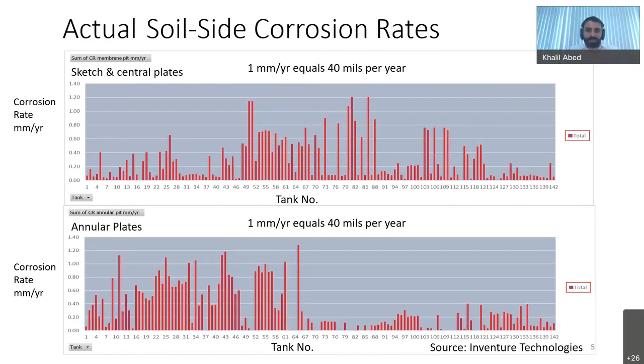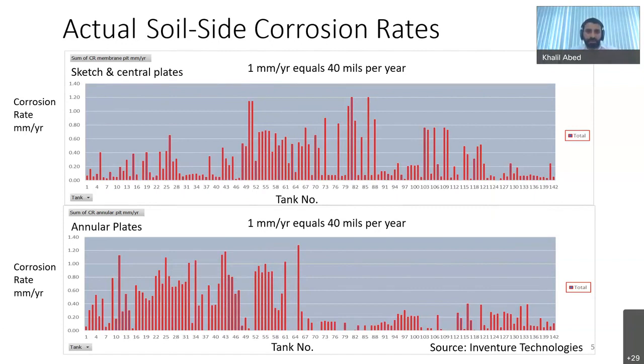To translate the significance of the problem into numbers, this is a study done by an asset integrity company, Inventure Technologies, for 142 tanks in 4 terminals in the Middle East. In both graphs on the screen, the y-axis is the corrosion rate value in millimeters, and the x-axis is the tank number.